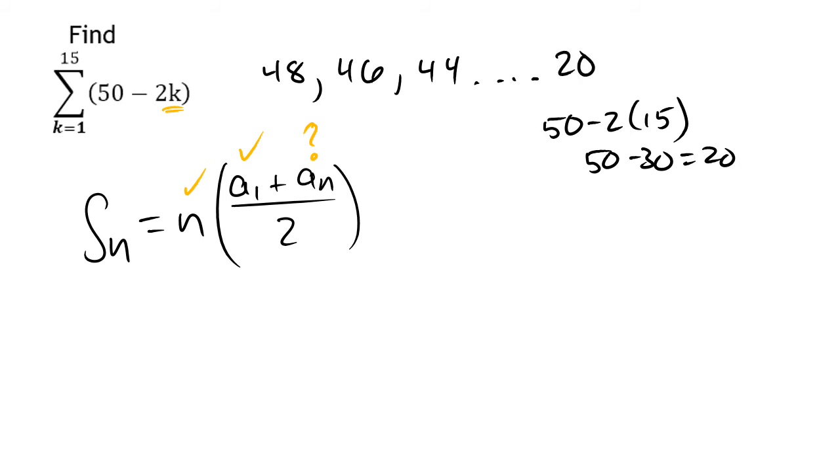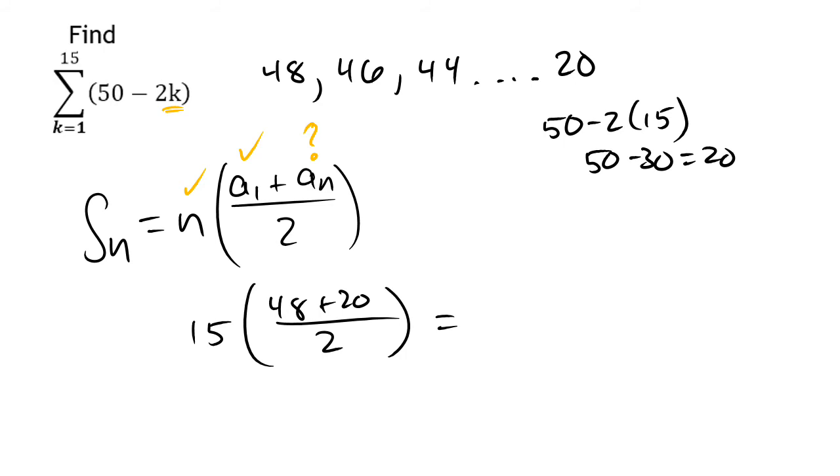So I have everything that I need to pretty quickly find the value of this series. There's 15 terms, and I'm going to multiply it times 48 plus 20, all divided by 2. 48 plus 20, and I'm going to take half of that, which is 34.